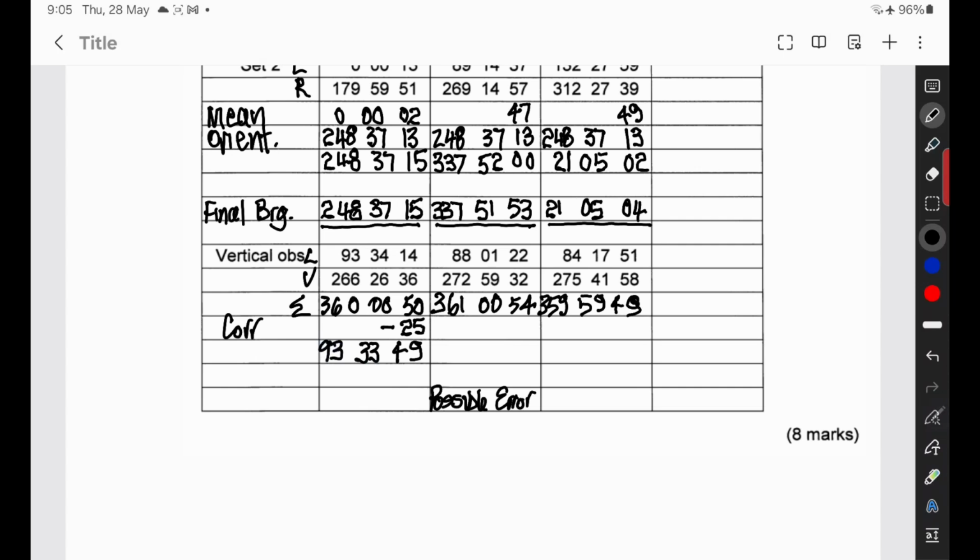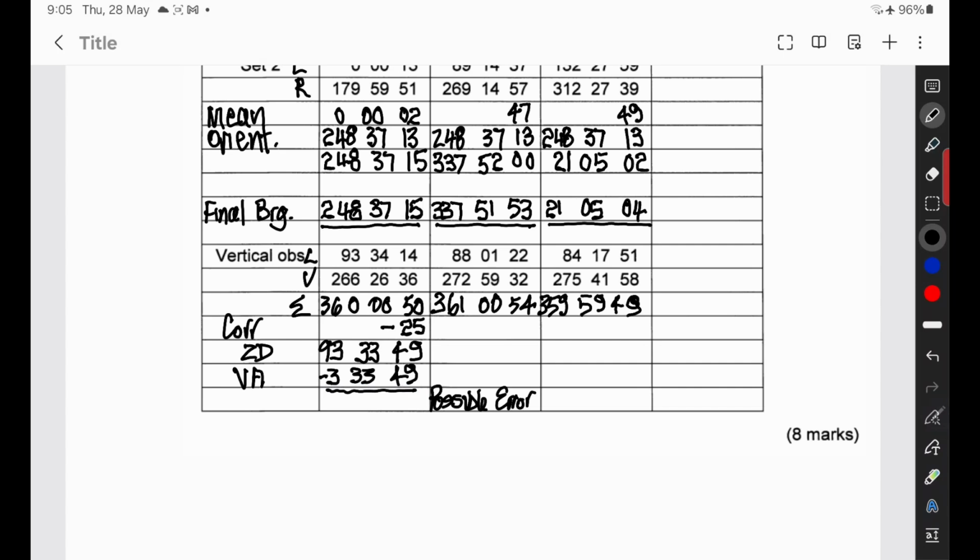So that would be the ZD, the zenith distance. And then this would be the vertical angle here, which would be minus 333, 49.